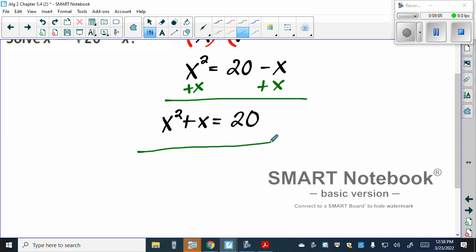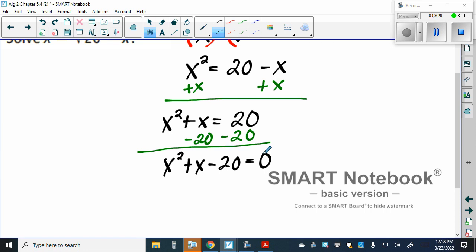Since it's still not equal to 0, the next thing we can do is subtract 20 from both sides, telling us that x squared plus x minus 20 is equal to 0. We got it equal to 0. Any questions on this here?